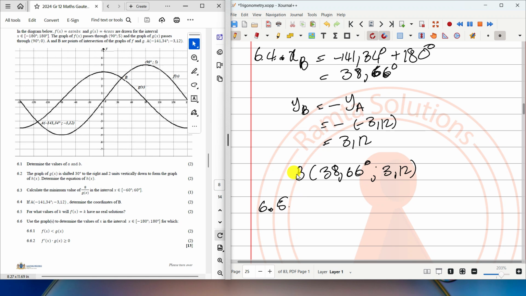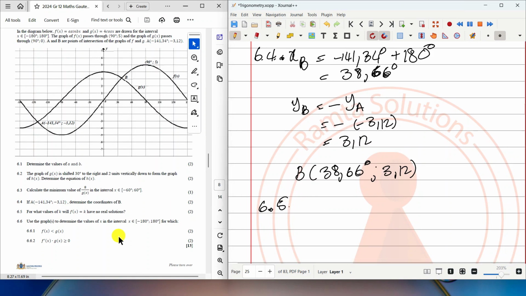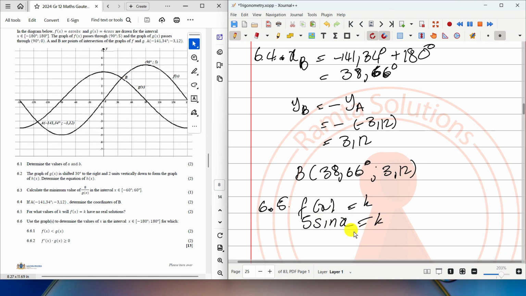Now 6.5. For which values of k will f of x have no real solutions? Let's see. f of x equals k. What is f of x? I think we said it was 5 sin x equals k.